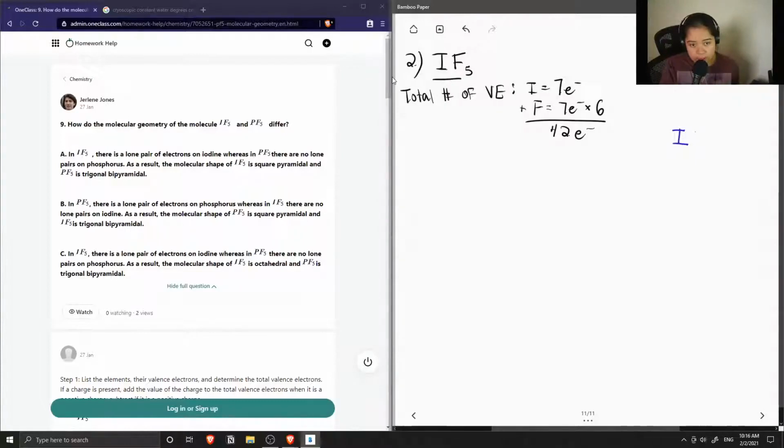So we can draw iodine with 5 fluorines that are single bonded and show all of the lone pairs.